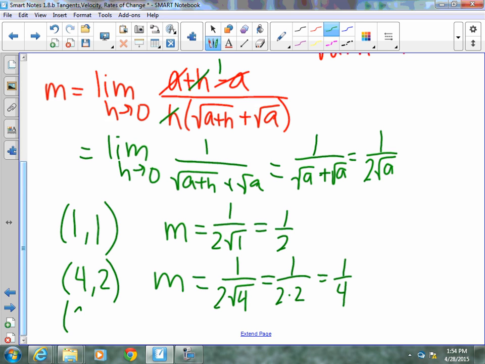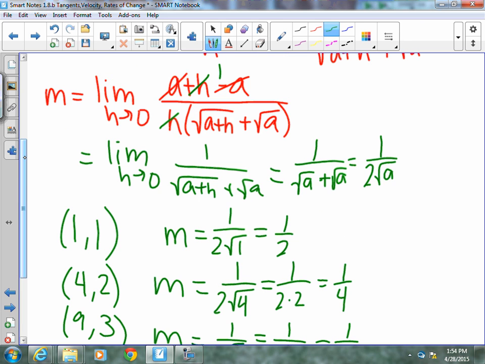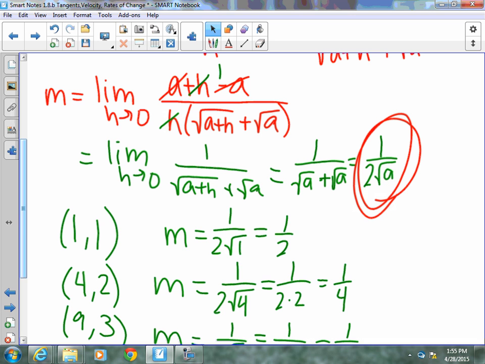And finally, at (9, 3), slope's going to be 1 over 2 radical 9, which is equal to 1/2 times 3, which is 1/6. So now from that one equation for slope, right here, we can find the slope at any point on that curve. So at an infinite number of points, we can find the slope.